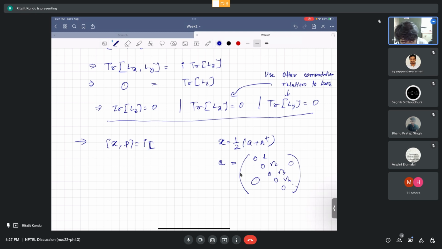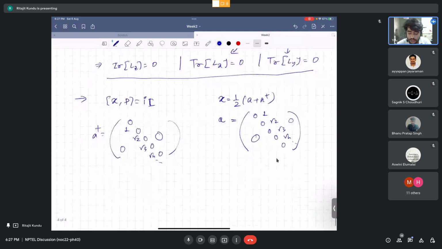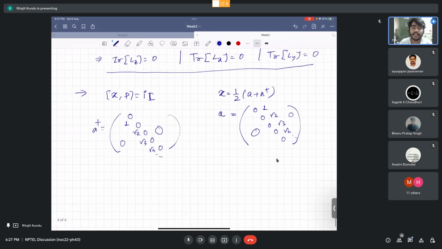Similarly, the a dagger operator looks like a similar thing, but the numbers are on the other side: 1, square root 2, square root 3, square root 4, and so on, and all of the other terms are 0. When you compute these kinds of operators, there is no upper bound to the dimension.